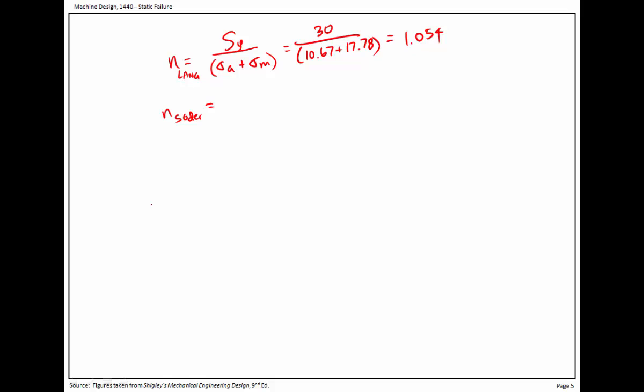Okay. Now for the Soderberg, sometimes I just go with Soderberg as my subscript. We go 1 over the alternating as a ratio of SE plus the mid-range as a ratio of SY. Something to notice in terms of the equation and the diagram is that when we plotted the Soderberg, we had SE on the alternating axis and the yield on the horizontal.